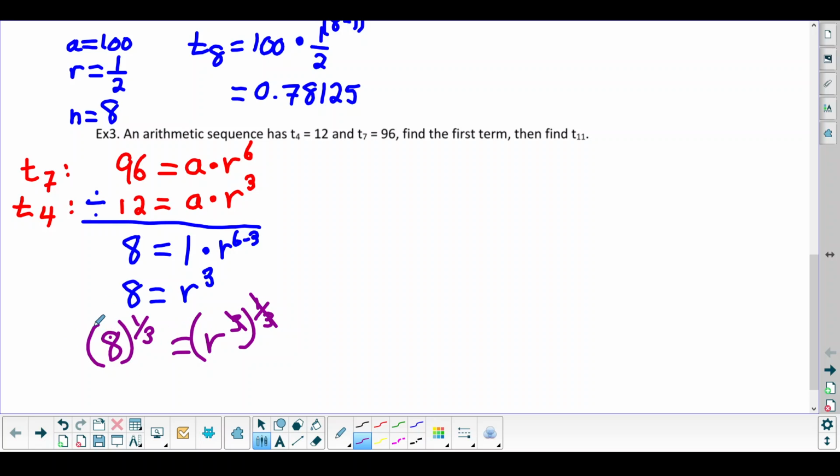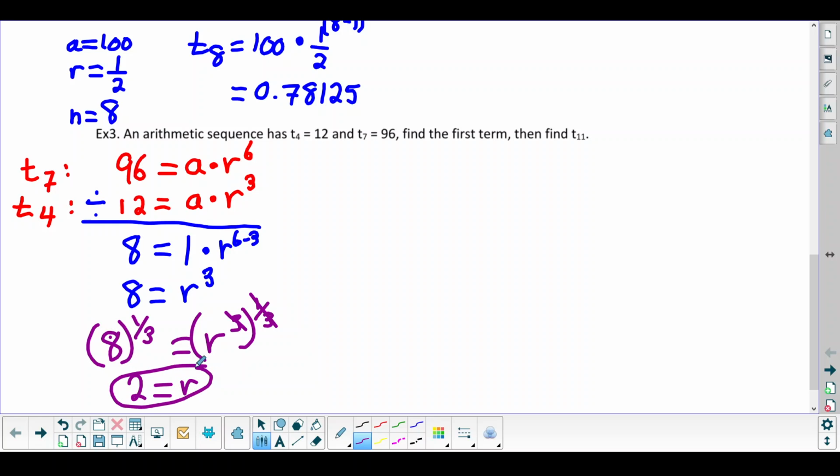And I can punch that into my calculator. I do have to be careful. I recommend you try this on your own. 8 to the power of bracket 1 divided by 3, close bracket. Your calculator should be able to do a fractional exponent no problem. And we get 2. So R is 2.